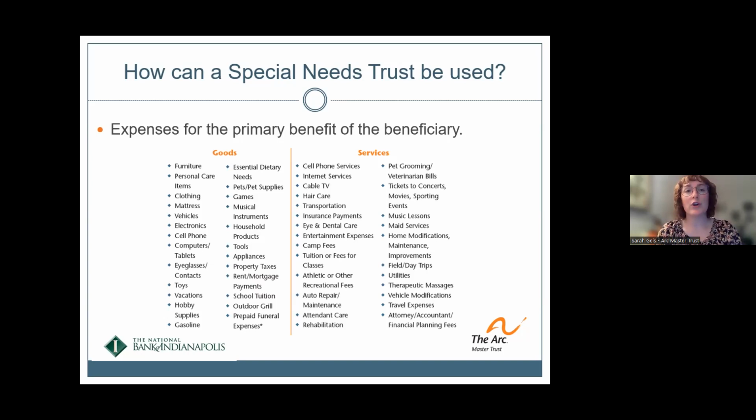It's important to know that if someone is receiving Social Security or earning wages, that Social Security income and those wages are not required to be deposited into a first-party special needs trust.